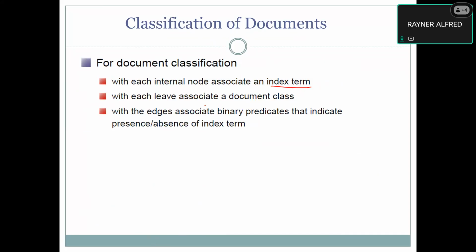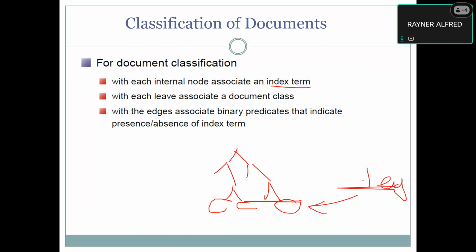Each leaf is associated with a document class, so your leaf will be your class label. The edges are associated with a binary predicate that indicates the presence or absence of the index term. This could be A, B, C, D, E, F. So if you have B and F, you go here.